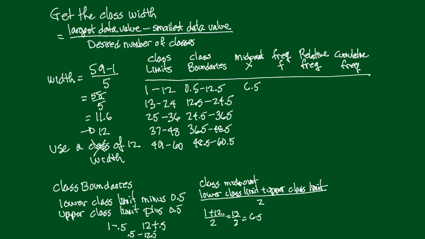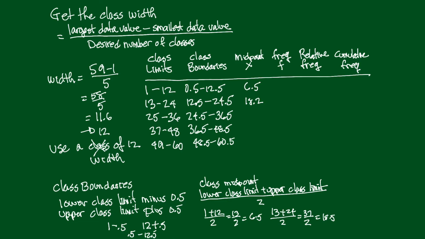When we add these, we'll get 13 plus 24 over 2, which is 37 over 2, which is 18.5, so I'll write that in here, 18.5.